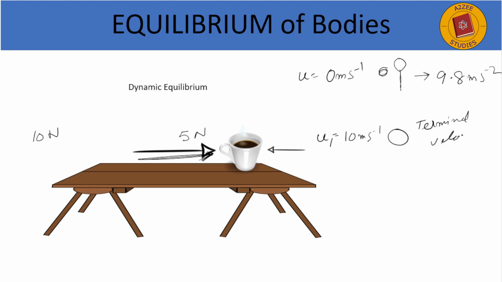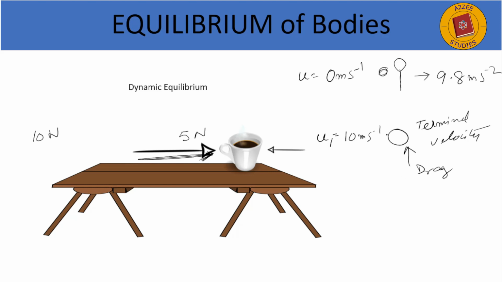Terminal velocity. Just because of the drag force or the air resistance, there is a drag offered to the body by the air. So after some time it attains a terminal velocity and the velocity becomes constant.